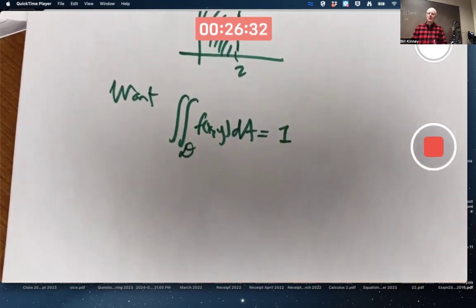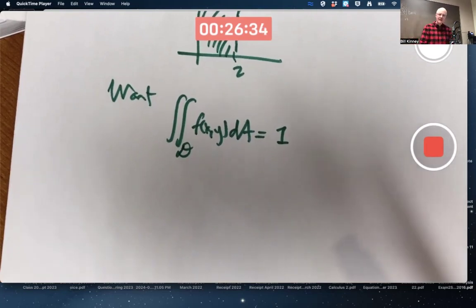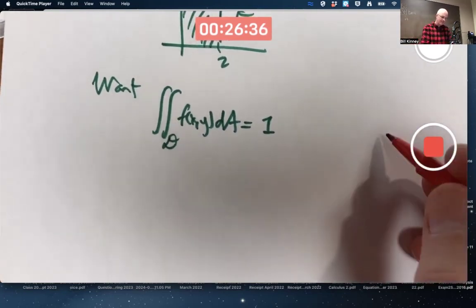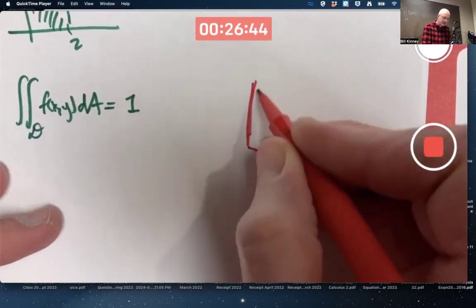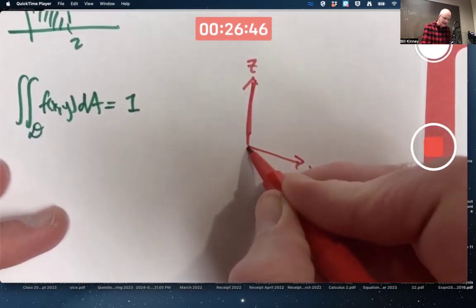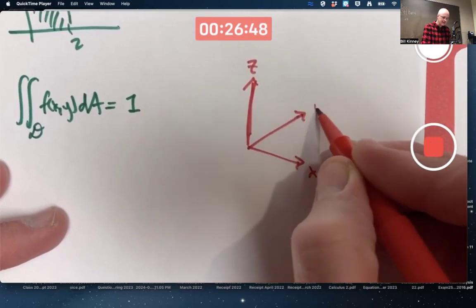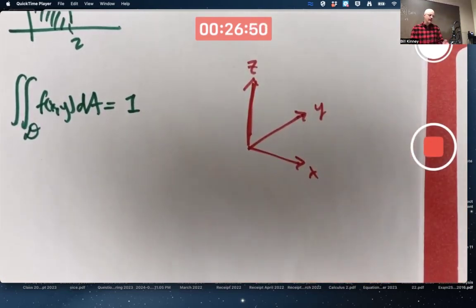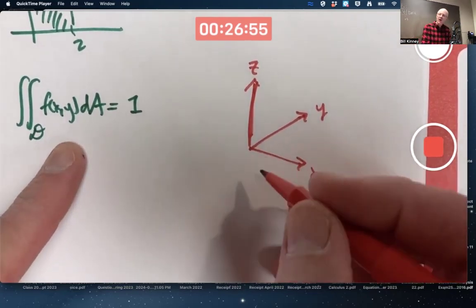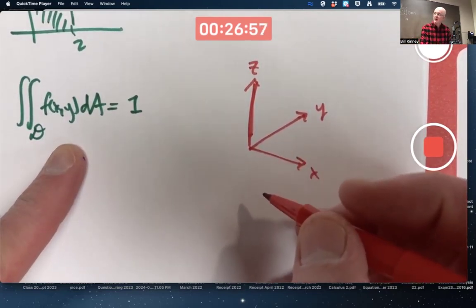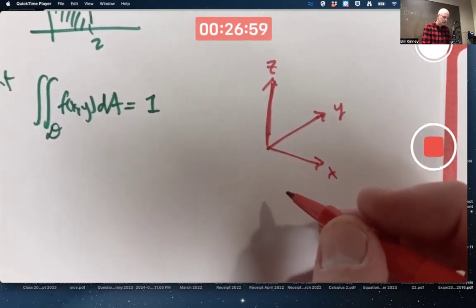What's going on here intuitively? Let's draw the positive x-axis going this way, positive y-axis going into the screen like this. Intuitively, I want the volume, not the area, but the volume under f to equal 1.